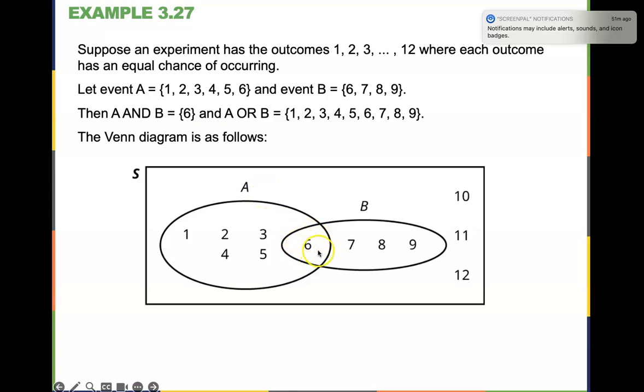That would be 6. The A or B would be all of these numbers, 1, 2, 3, 4, 5, 6, 7, 8, 9. And then the 10, 11, 12 are going to be the ones that are not included in A or B.